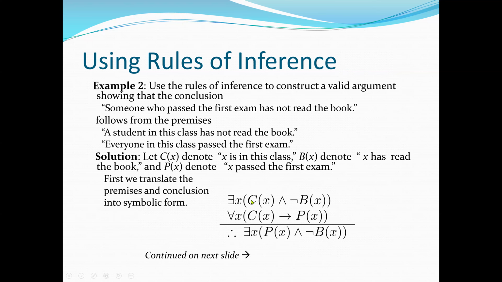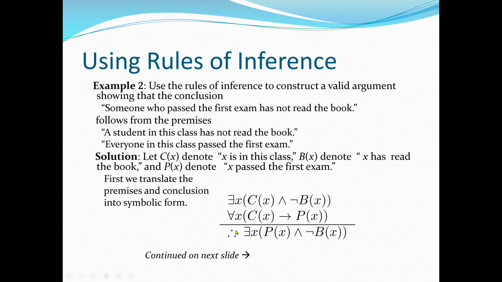So C(x) means x is in the class, and B(x) is x has read the book. So here we are saying that some of the students are in class and did not read the book.